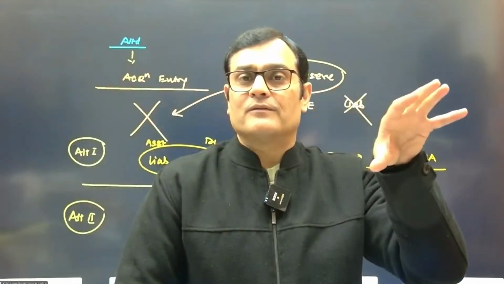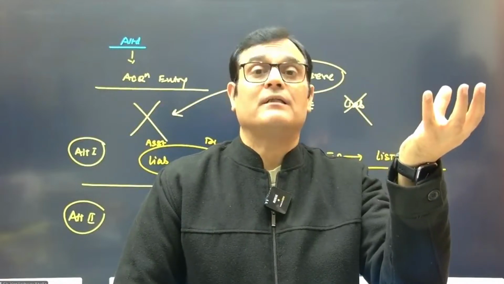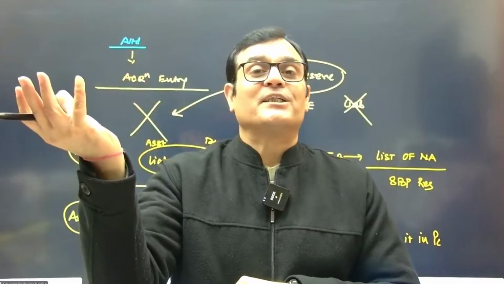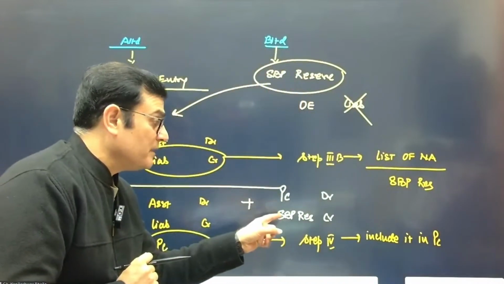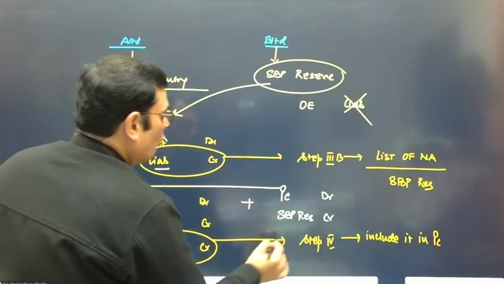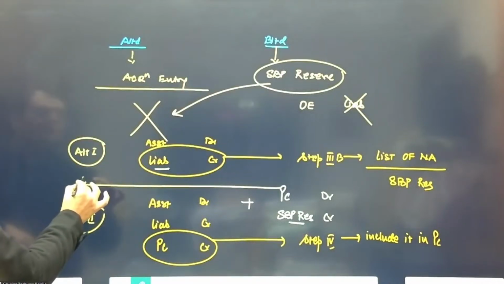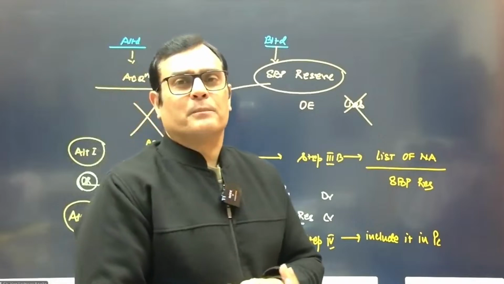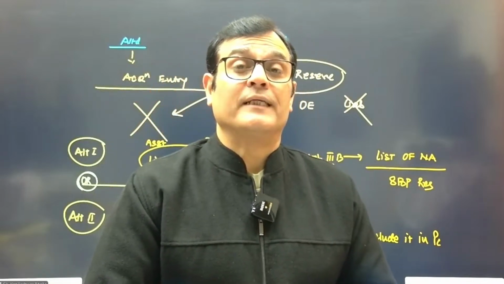Either take it as a part of the liability and get the SBP reserve created in step 3B, or you take it as a part of the PC and get it created on the credit side, then put another entry, PC debit, SBP reserve credit. So either you create the SBP reserve directly or you create it indirectly. You are free to use either alternative. You want to take it as a part of the list, step 3, you can. You want to take it as a part of the PC, you can.